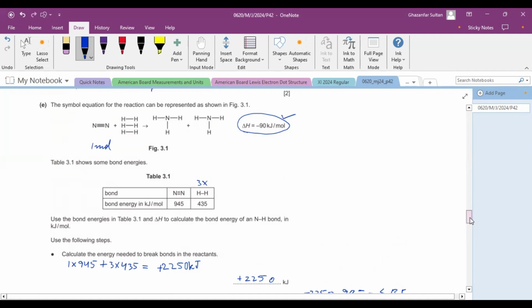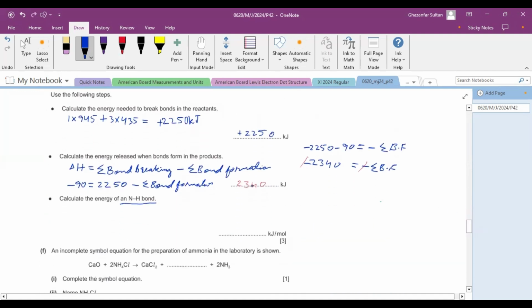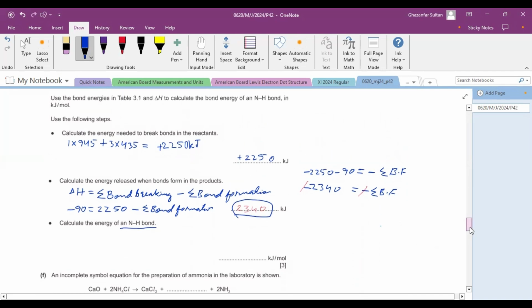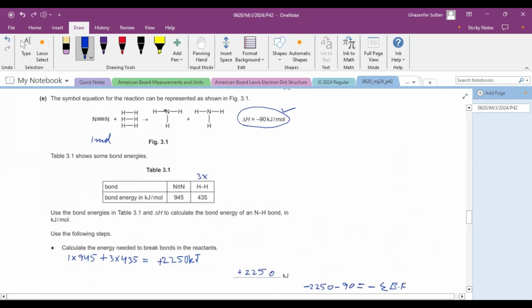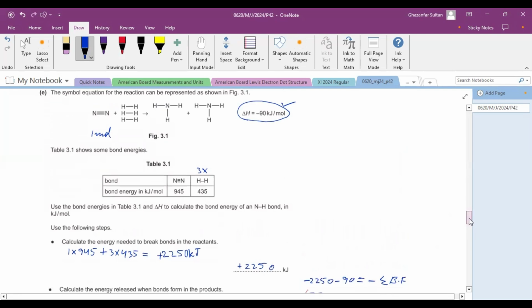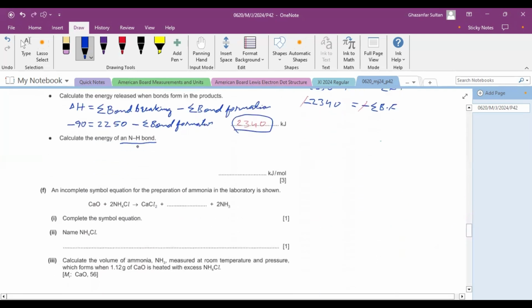So this amount of energy is released when 2 moles of ammonia is formed. And 2 moles of ammonia means 6 nitrogen hydrogen bonds. So what would be the energy for a single nitrogen hydrogen bond? We can calculate it by dividing this value by 6.